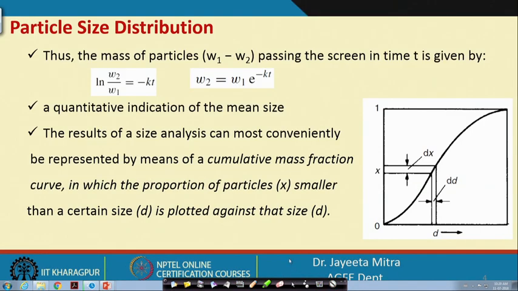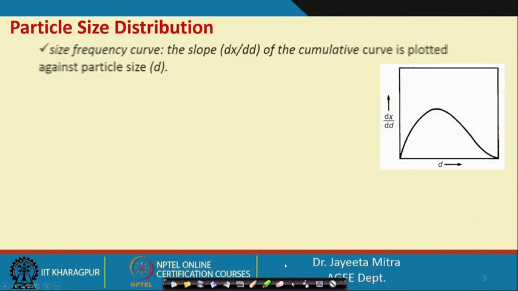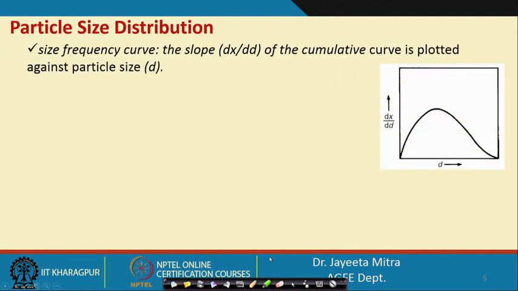Further, we can say that if we take the size frequency curve, size frequency in the sense of the fraction having a particular size d, and plot it with respect to the size d, this is the curve.